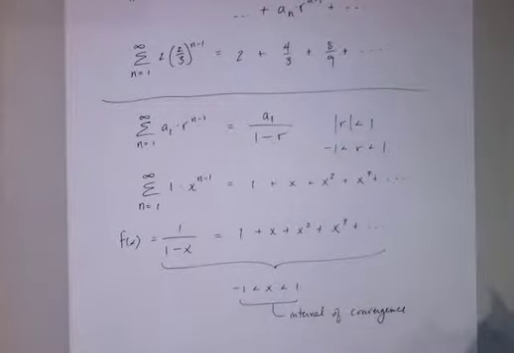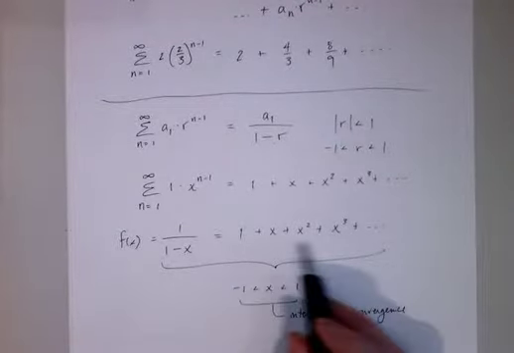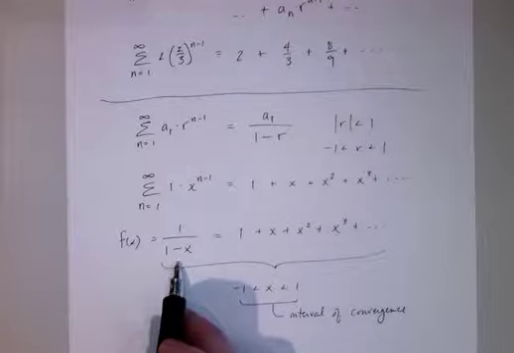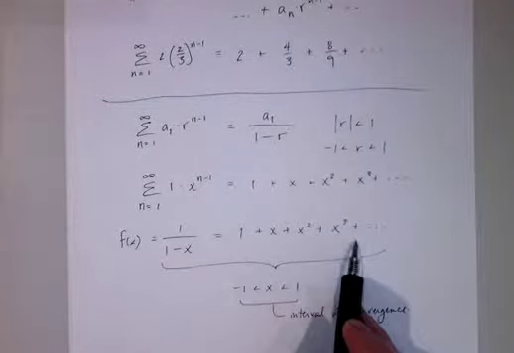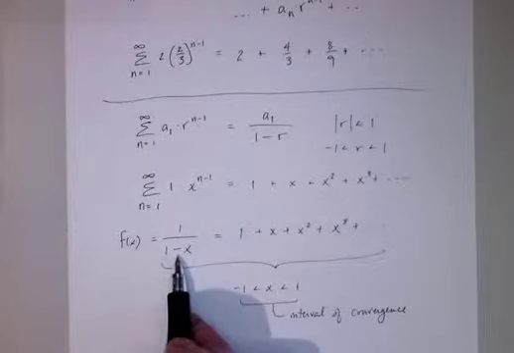Okay? It converges, meaning this mimics this perfectly on this interval. Outside of that interval, you're not going to get a perfect match. You're not going to get this infinite polynomial matching point for point onto this right here.